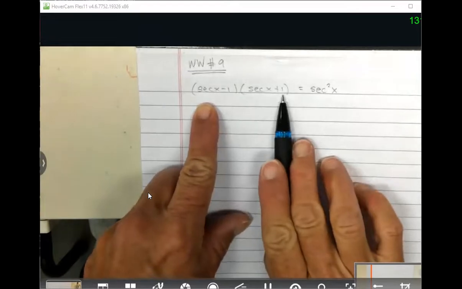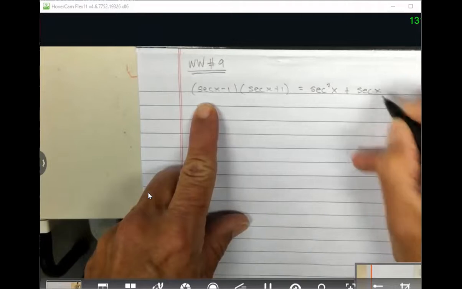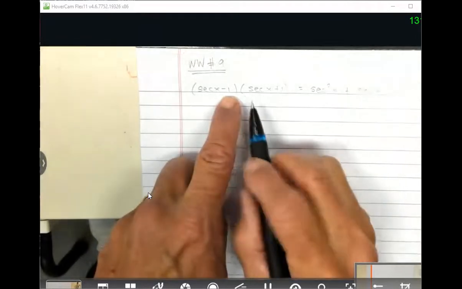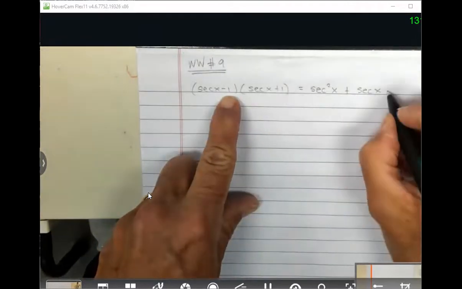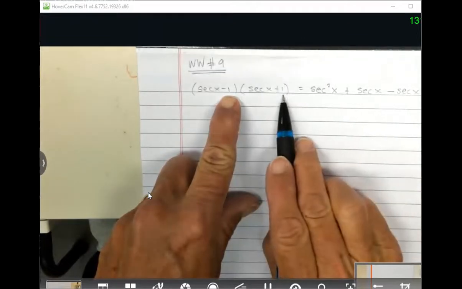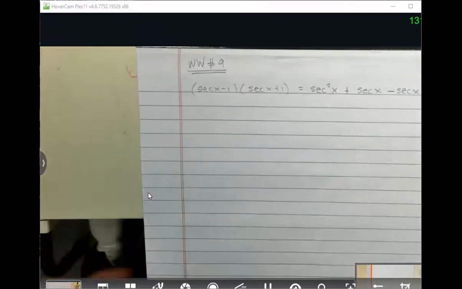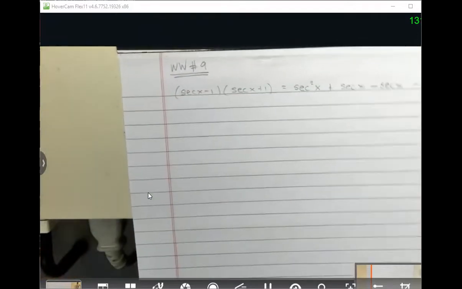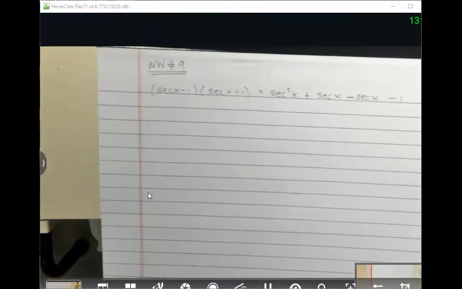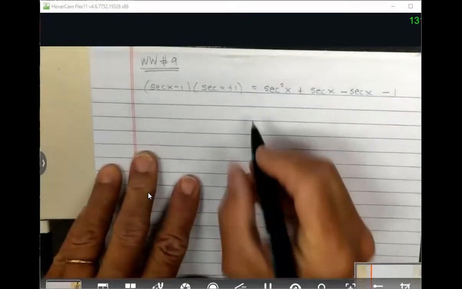Then the first one times the last one gives me plus the secant of x. Now I'm going to use the minus 1. Minus 1 times secant gives me minus the secant of x. And then finally, minus 1 times positive 1 gives me a minus 1. And those two secants inside do add each other out. So I'm left with secant squared of x minus 1.